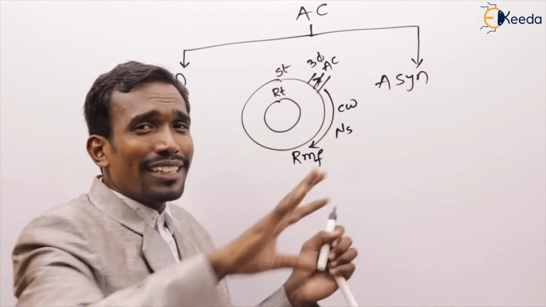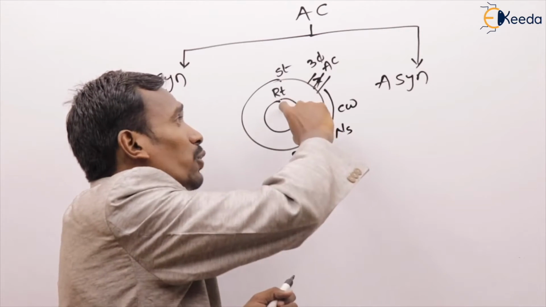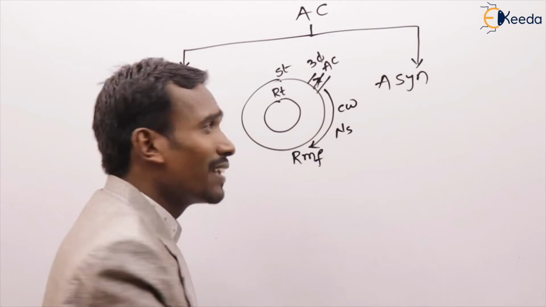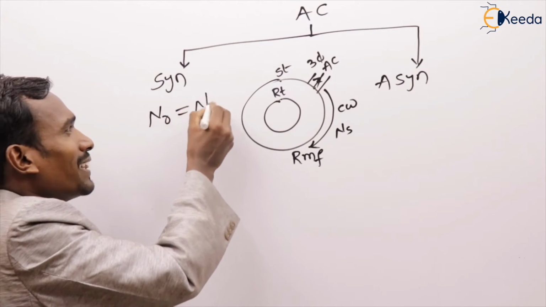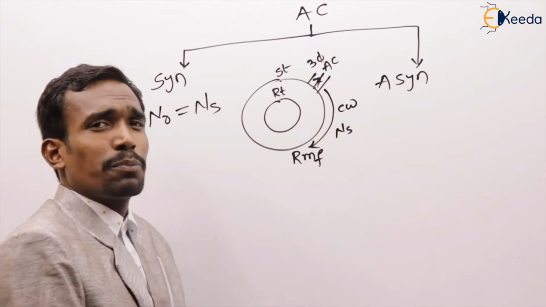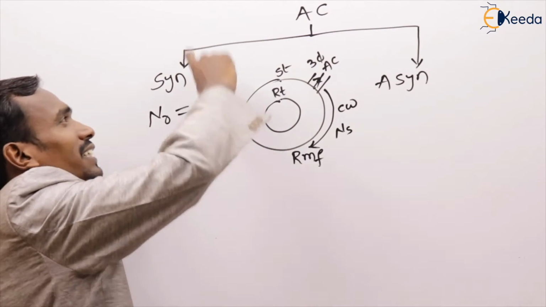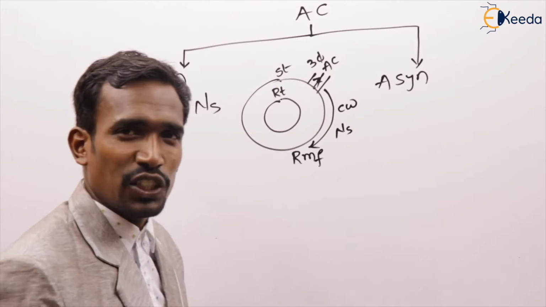If they are not doing the same, it is called asynchronous. So, if my rotor also rotates with the same speed in the same direction, that is, the rotor speed Nr is equal to Ns, that machine is called a synchronous machine.